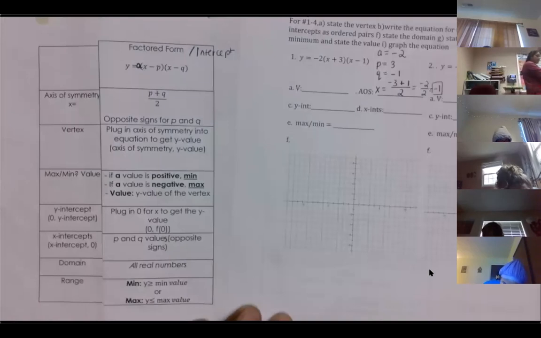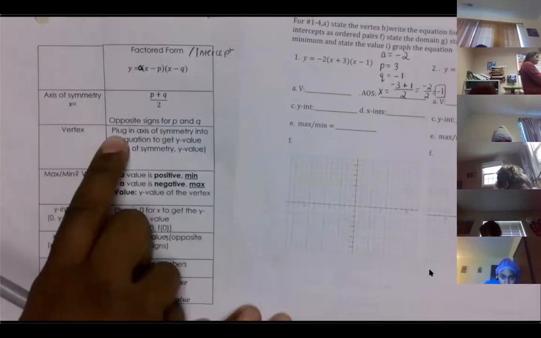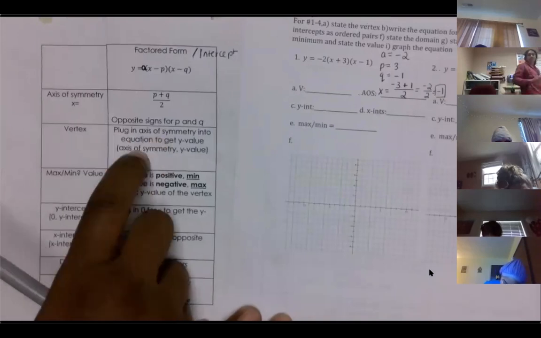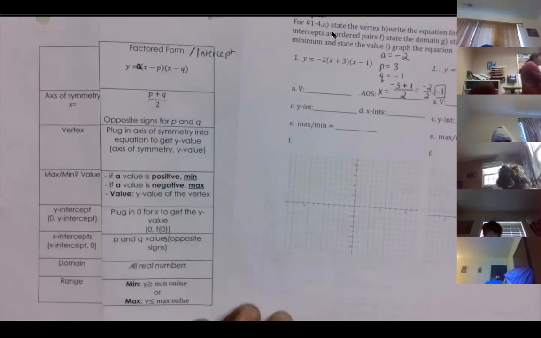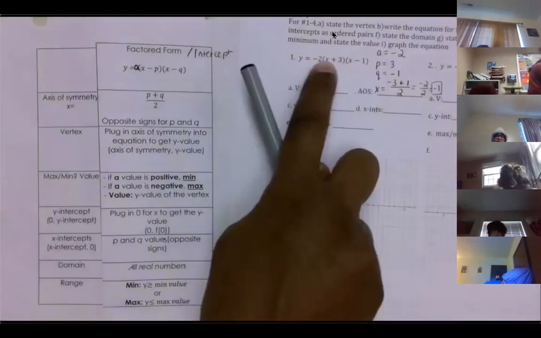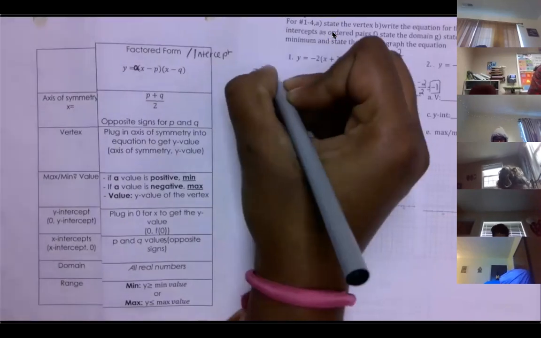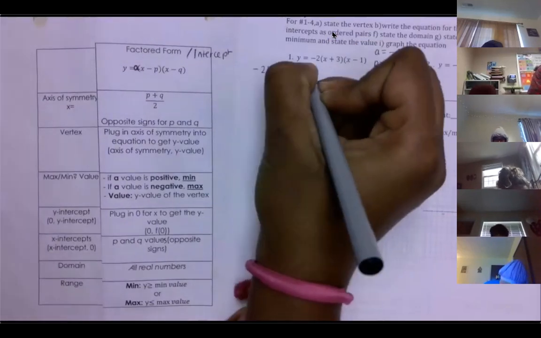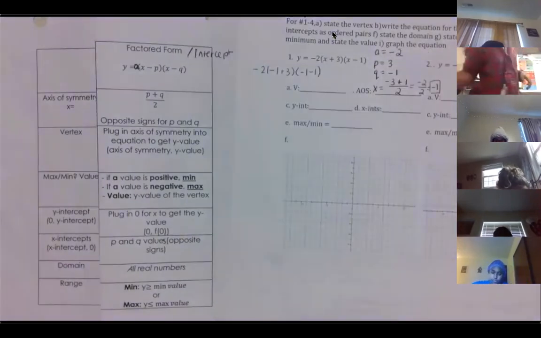Once you've got your axis of symmetry, which is -1, to find the vertex, we plug the axis into the equation to get the y value. So you're going to take this -1 and plug it in everywhere you see an x. So it's going to be -2(-1 + 3)(-1 - 1). Let's see what that's going to give us.